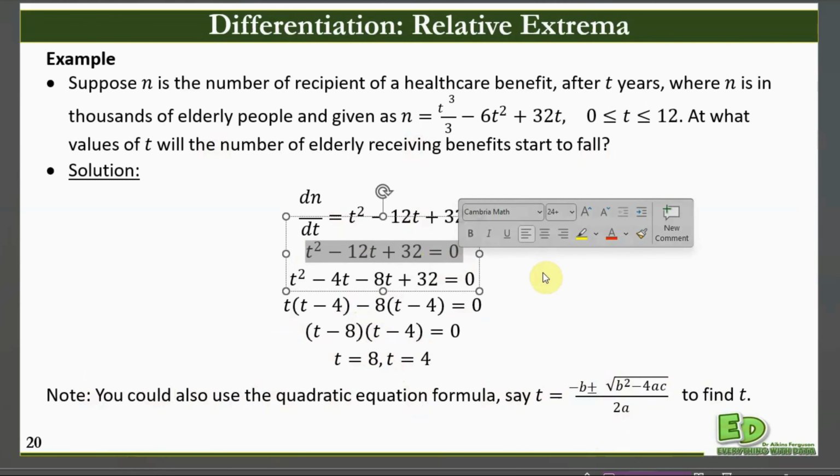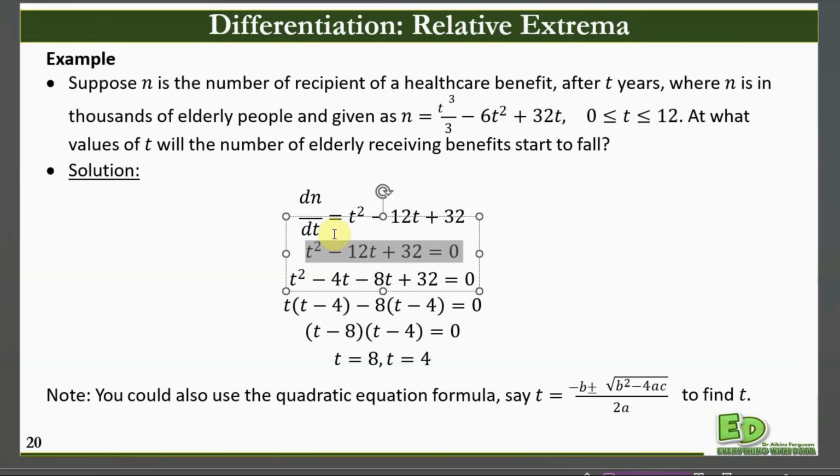So your b is what? Is minus 12. Your a is 1 here, the coefficient of t squared. b is negative 12, the coefficient of minus 12t. And then c is the constant 32. That should give you the same values, 8 and 4 here. So the values of t, where the number of elderly receiving benefits will start to fall, is at what? 8 and then 4.